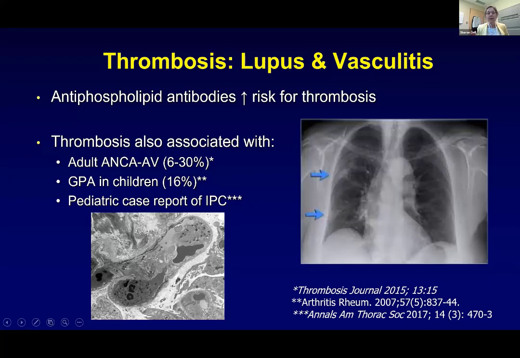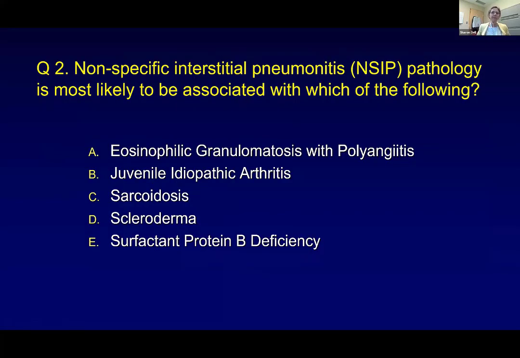It was a very late presentation of pulmonary capillaritis. And I think it completely makes sense when you think about small vessels and inflammation, that you're going to have a hypercoagulable state, and that you may be at risk for pulmonary embolus and other forms of thrombosis if other vessels are involved.